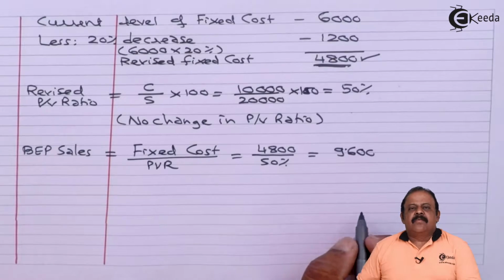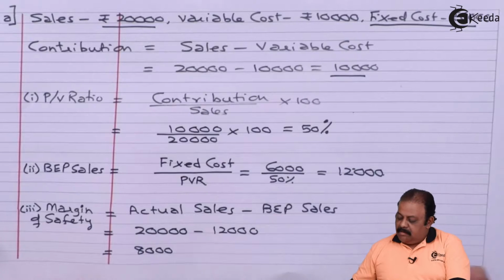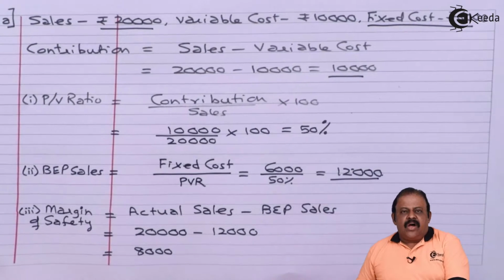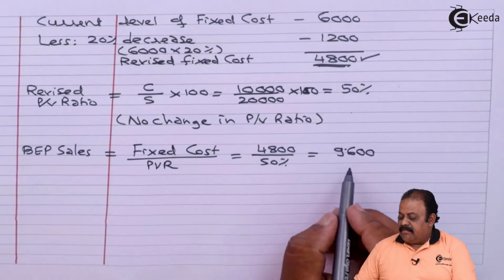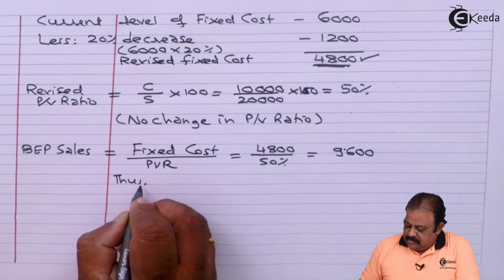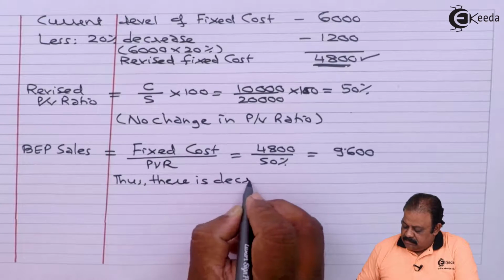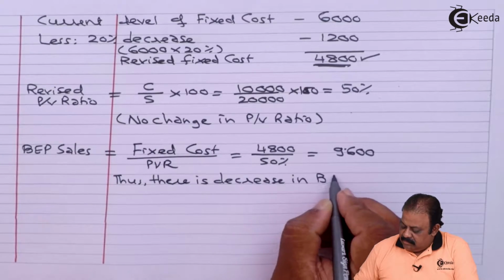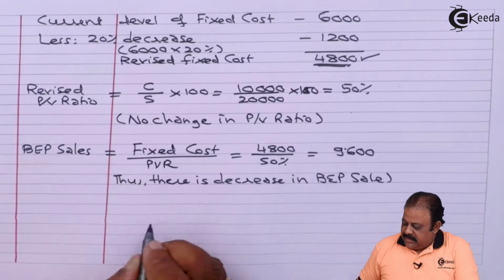So revised break-even point sales are 9,600. At original level, break-even point sales was 12,000. Because of fall in fixed cost, there is also fall in break-even point sales. There is a decrease in break-even point sales.